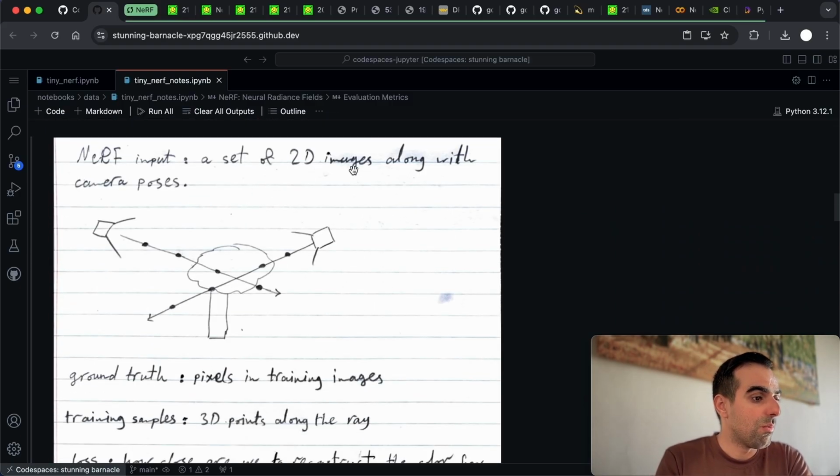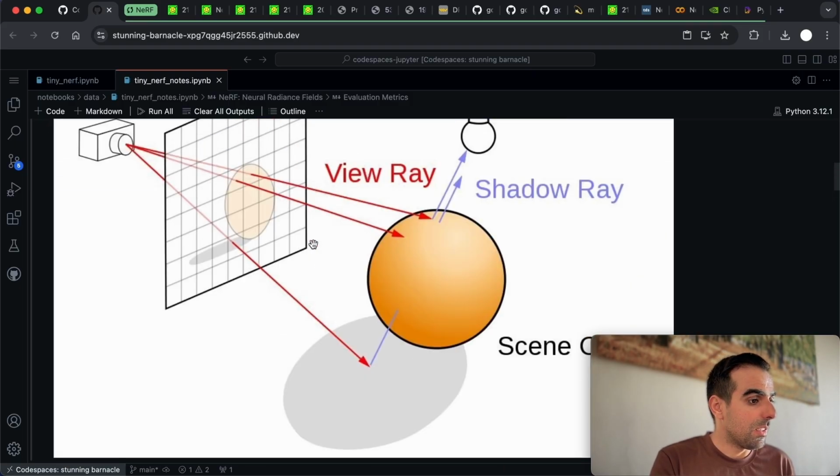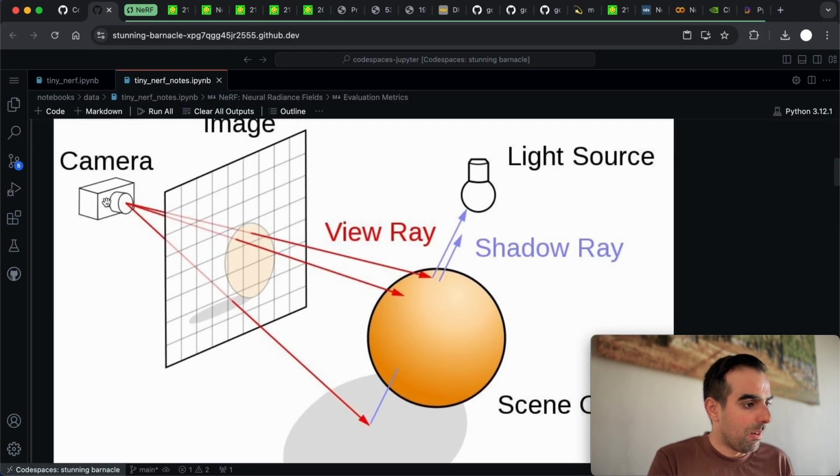The input is a set of 2D images along with camera poses. So this is supposed to be 3D, and these are 2 cameras. You are shooting a ray from each camera. I'm visualizing it as 1 ray per camera, but it's not like that. Each camera is shooting rays equal to the number of pixels.